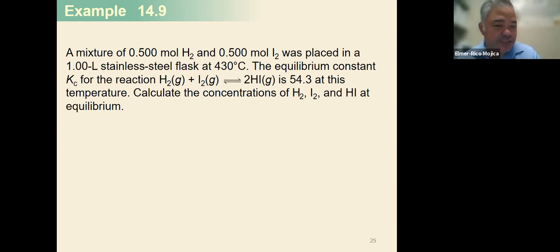Now, this is the so-called ICE problem in general chemistry. But usually, since I'm Asian, I call this the RICE problem, R denoting the reaction. So I have here H2 plus I2 producing 2HI.